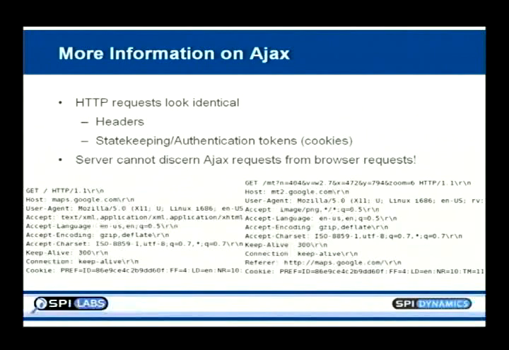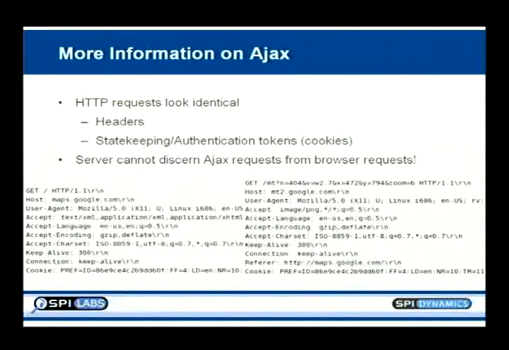And here's why. HTTP requests from AJAX are identical to the server. These are two requests. The one on the left was made to Google Maps just to fetch the initial page. The second request was made by AJAX from Google Maps. You'll notice that it has the same cookie. The browser shoves all that stuff in for me. It's got the user agent, everything.